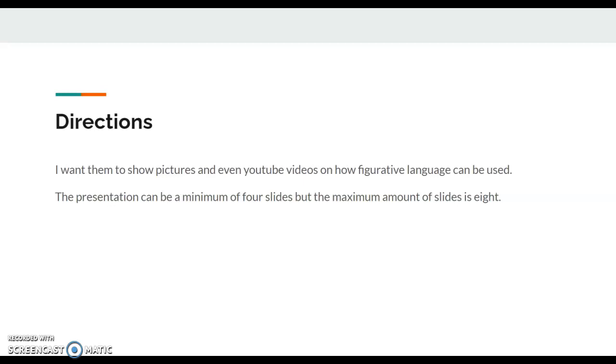Now, what that means is if they get below 4 slides, then they're going to get points deducted from the overall exam grade. And if they go over 8 slides, then their overall grade will be deducted, meaning that they could fail my class. So you want to have this talk with them, make sure that it is a good presentation, that it has lots and lots of facts.